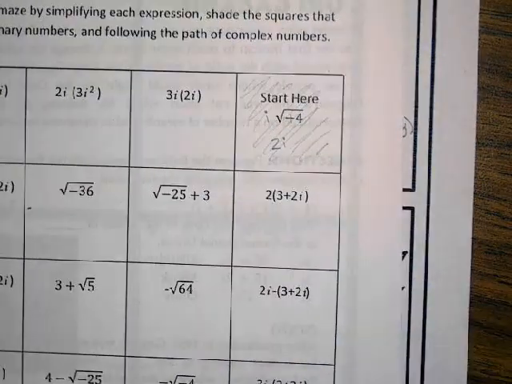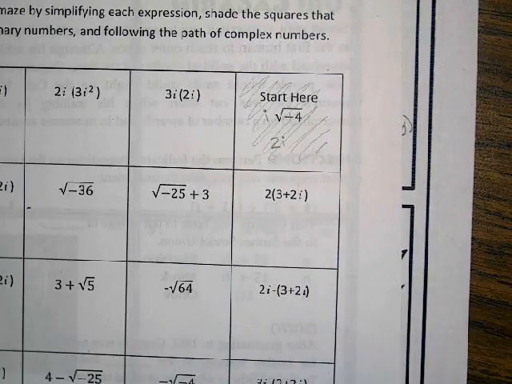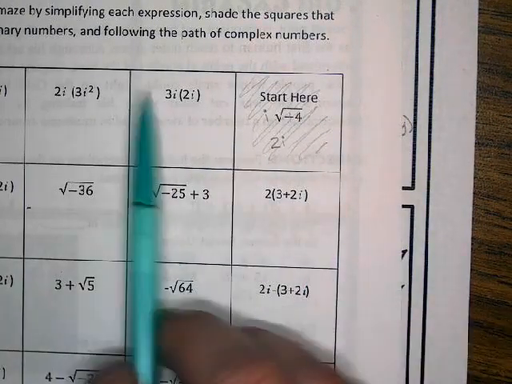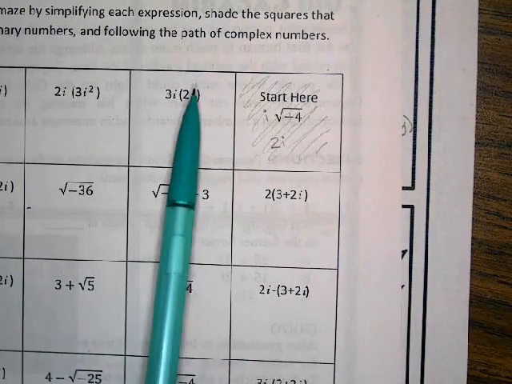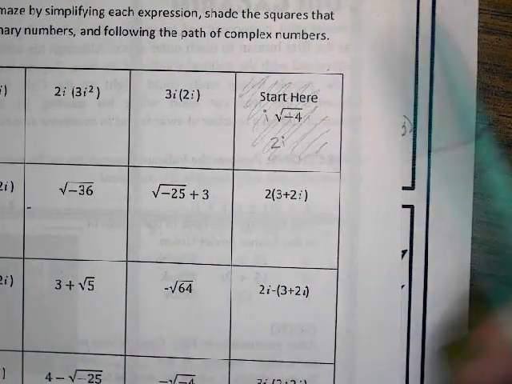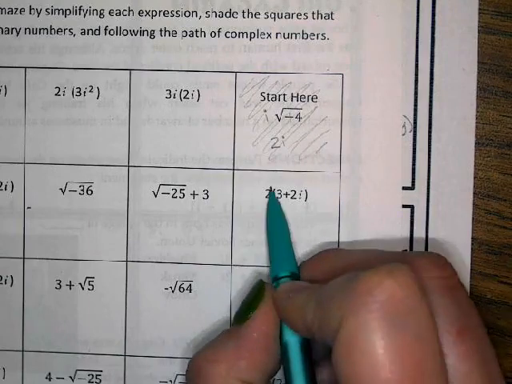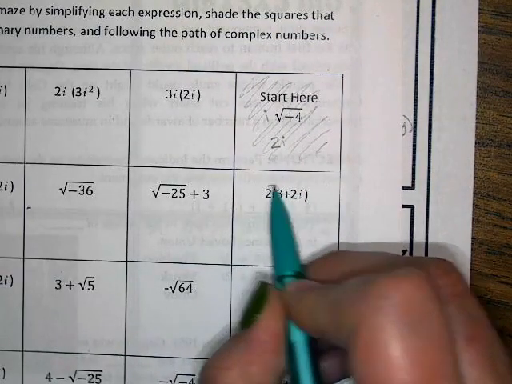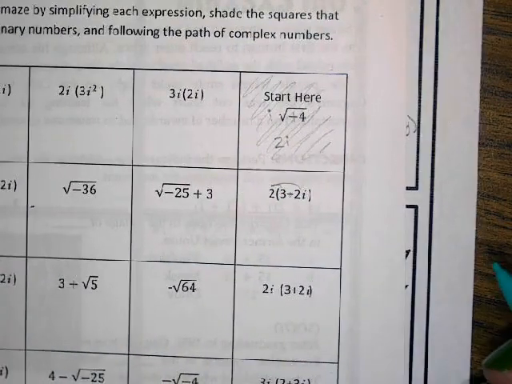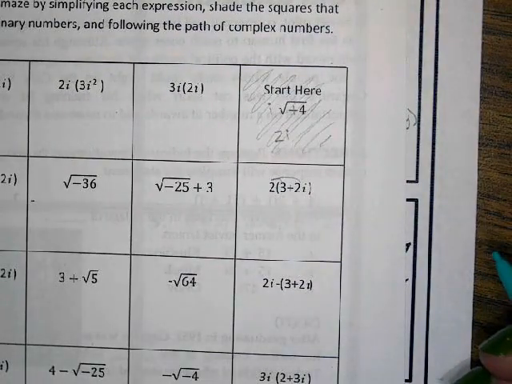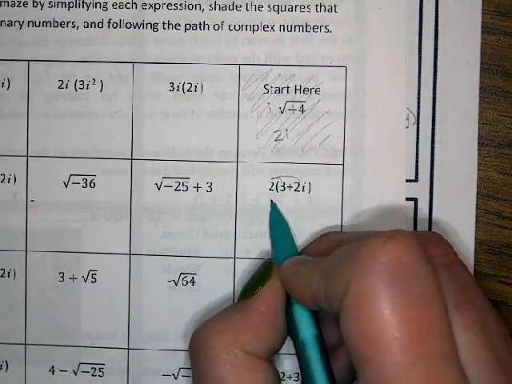Down. Okay, it says to follow the path of the complex numbers. This one we need to distribute. And what do we get when we distribute? 6 plus 4i has an i, so we're going to shade.